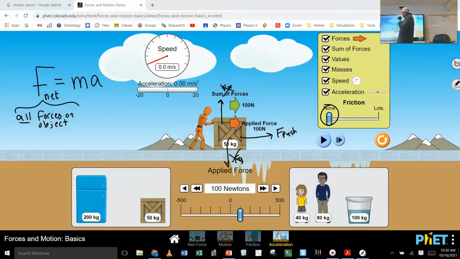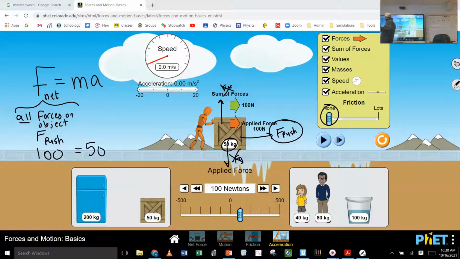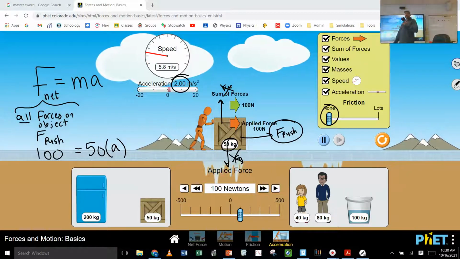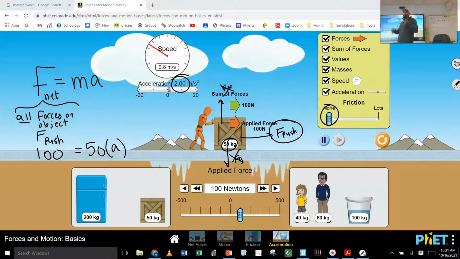So all the forces on this object, this is the only one left over. And my push force is 100. The mass of this is 50 kilograms. So what should my acceleration be? 100 divided by 50 is 2. So when I hit play, you'll notice my acceleration is 2 meters per second squared.